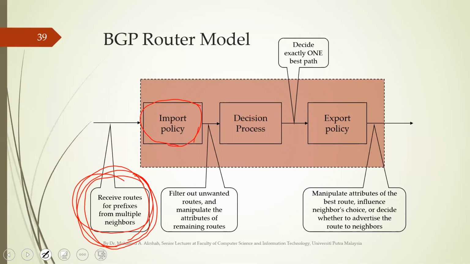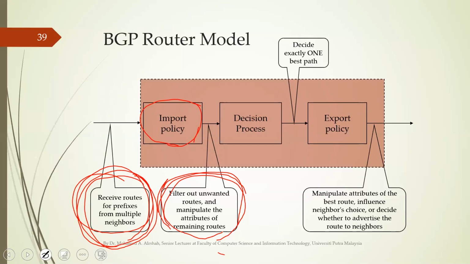Then some filtration is going to be done. So filter out unwanted routes. If there are unwanted routes, maybe duplicates or backup routes, maybe paths which are not good, maybe going through a very long path or something like this, they will be filtered out, and it will manipulate the attributes of the remaining routes.